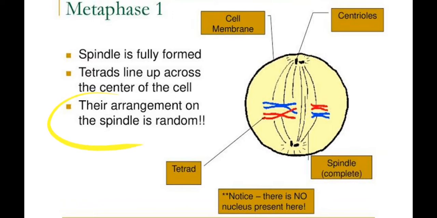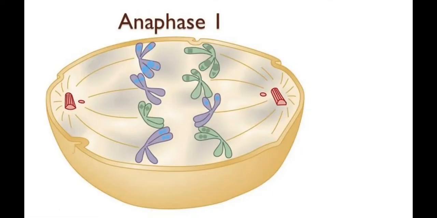And as I said, the arrangement on the spindle is random. During this stage, these tetrads move to the center of the cell between the two centrioles. Okay, next stage, anaphase, when these spindle fibers, or microtubules, pull every X-shaped chromosome apart and separate them to one half and the other half of the cell.